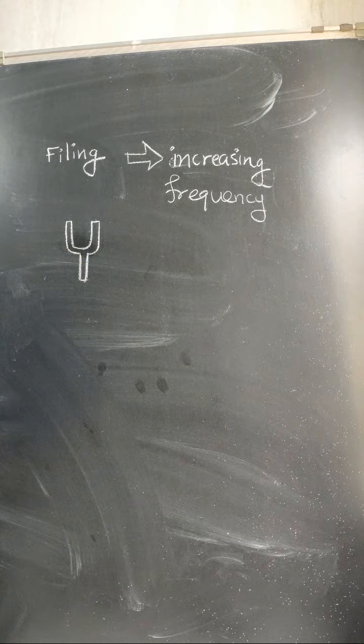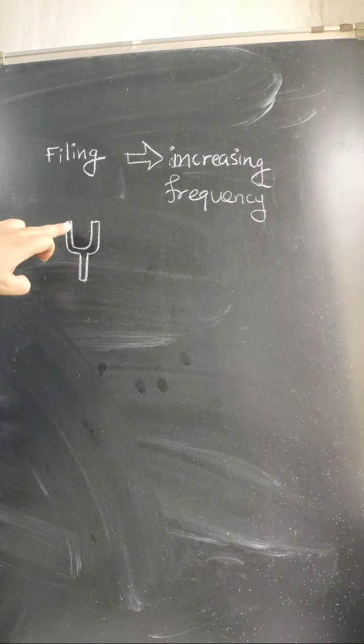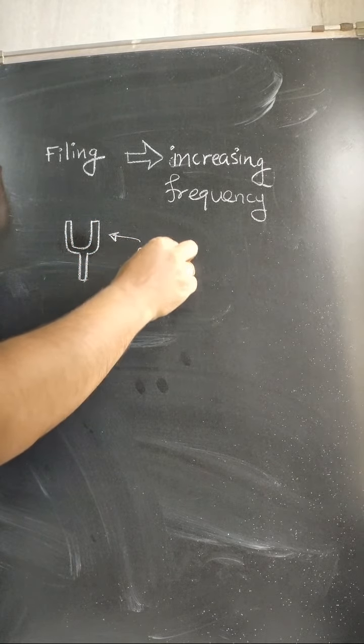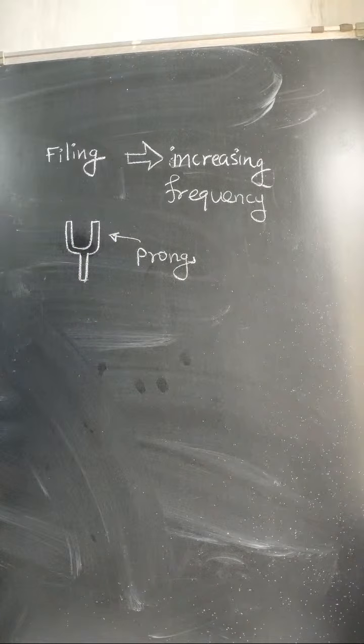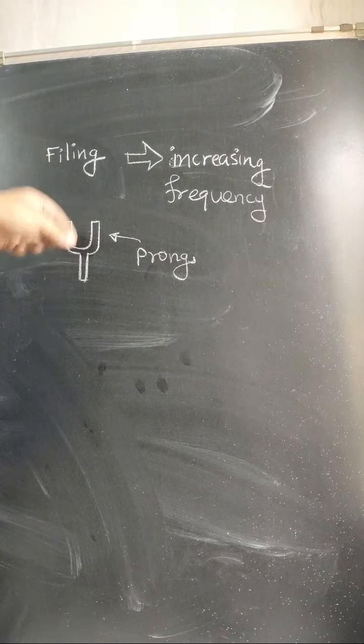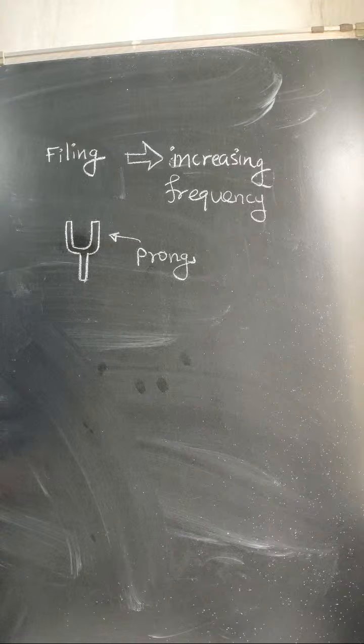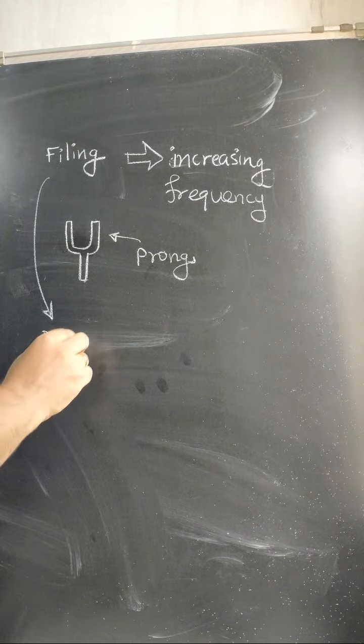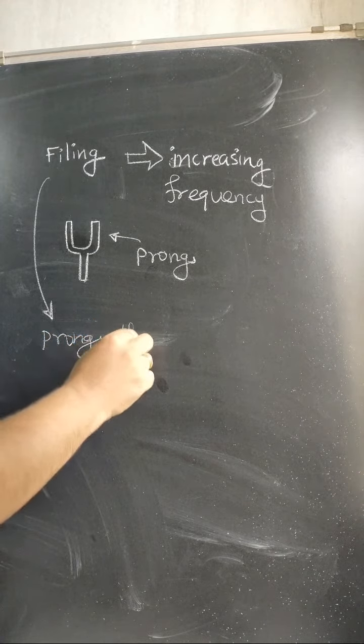If this is a tuning fork and these are the prongs of the tuning fork, then you will start filing the prongs. It means you will start making the prongs thinner.